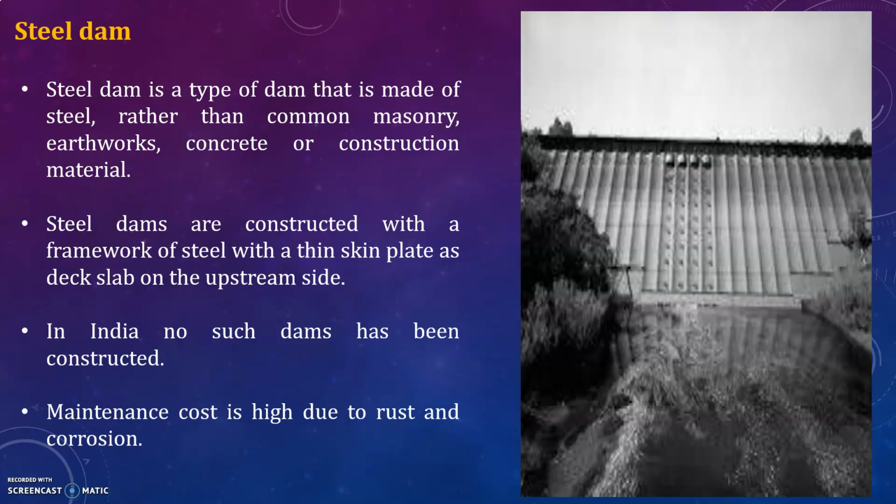They have greater flexibility to resist unequal settlement without excessive leakage, and also they are not affected by frost action. Leaky joints, if any, can be repaired more easily by modern welding processes than in hollow concrete dams. These are some of the advantages.